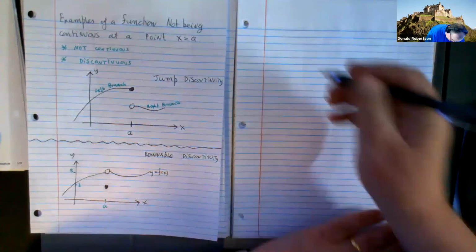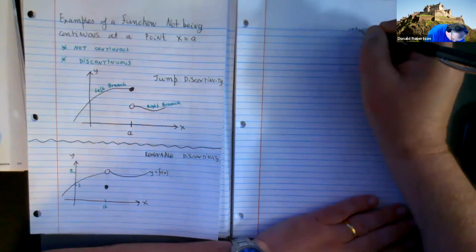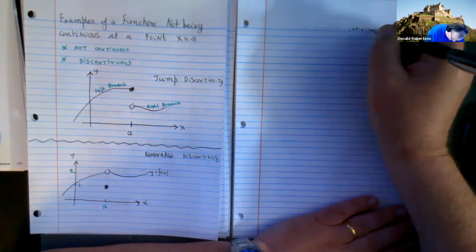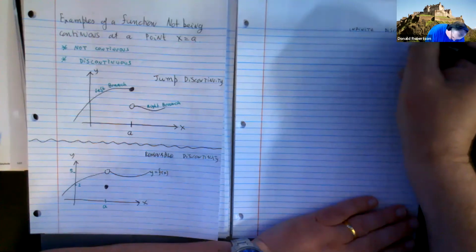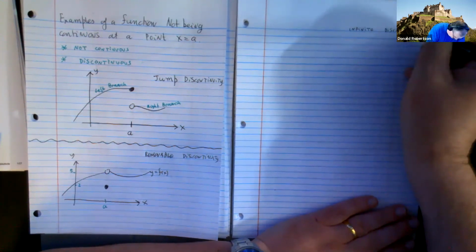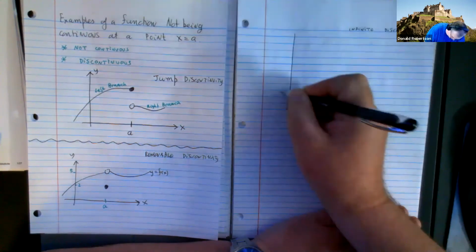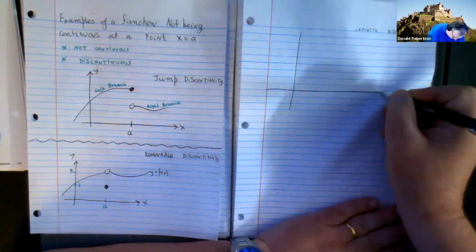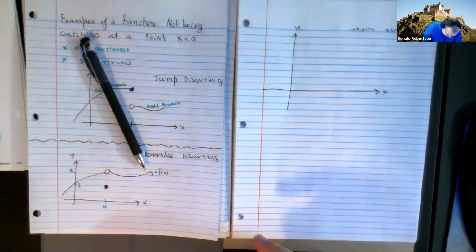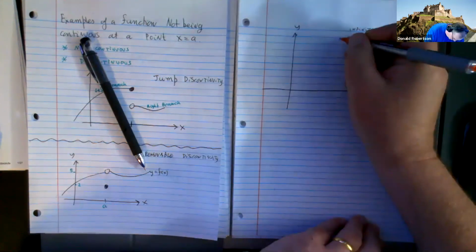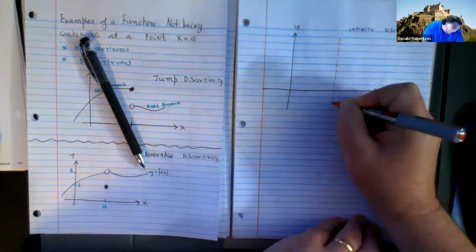So the third major type of discontinuity is an infinite discontinuity. You kind of already know what it's going to be because of my little rant. They happen when vertical asymptotes are around.